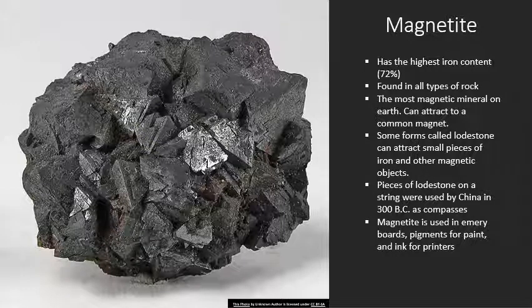Magnetite. We have some of this, and it's so super cool. It has the highest iron content at 72% iron. It is found in all different types of rocks. It's the most magnetic mineral on Earth. It can attract to your common magnet. Go ahead and try it with the piece that we have here.